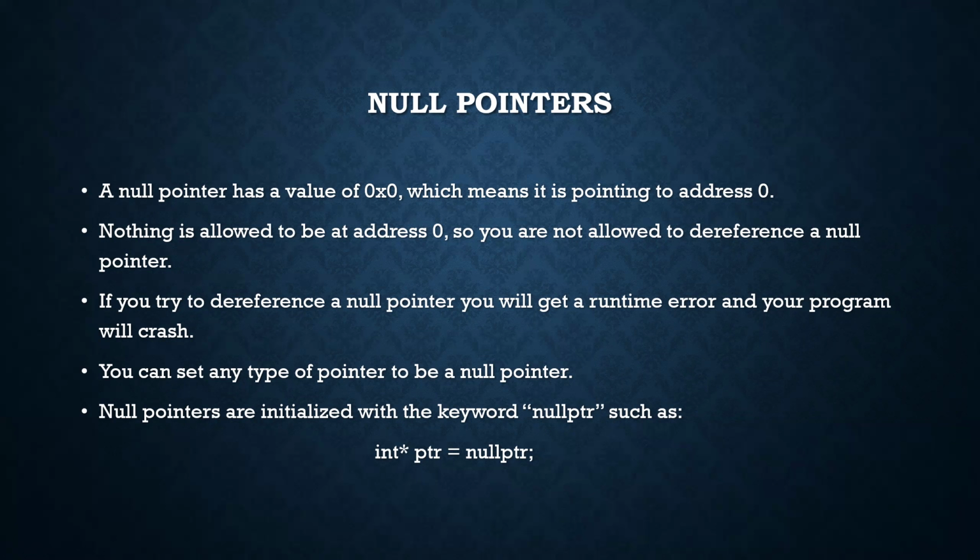You can set any type of pointer to be a null pointer: an int pointer or a char pointer or any struct or class. So it's kind of special in that way. And they're initialized with the keyword nullptr, kind of intuitively, just in this way at the bottom here.